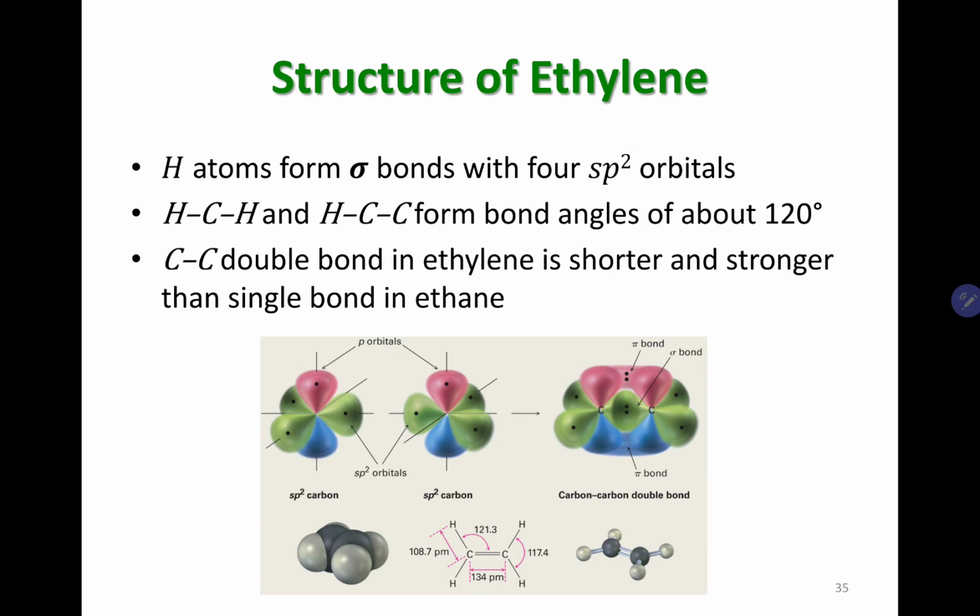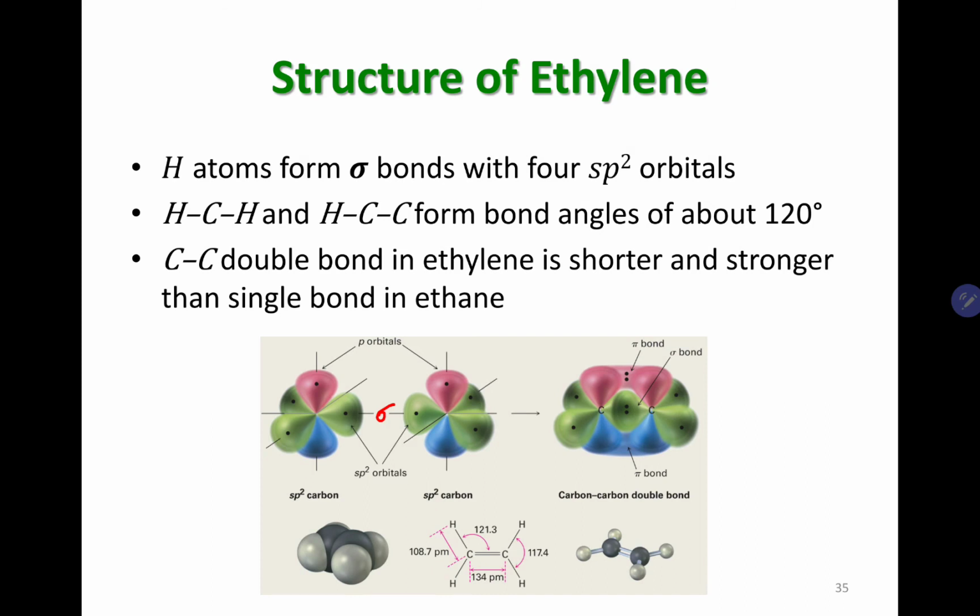When you have two carbons with sp2 hybridization, one of the sp2 orbitals will linearly overlap with the other sp2 orbital, and this will form a sigma bond, and the unhybridized p orbital of each carbon atom will laterally overlap.